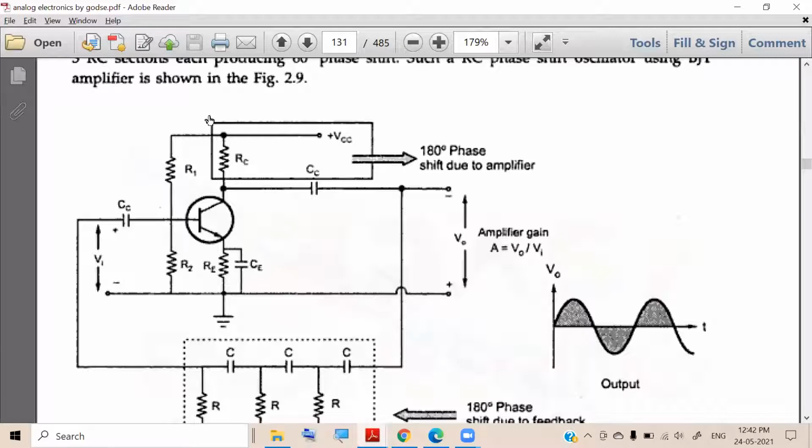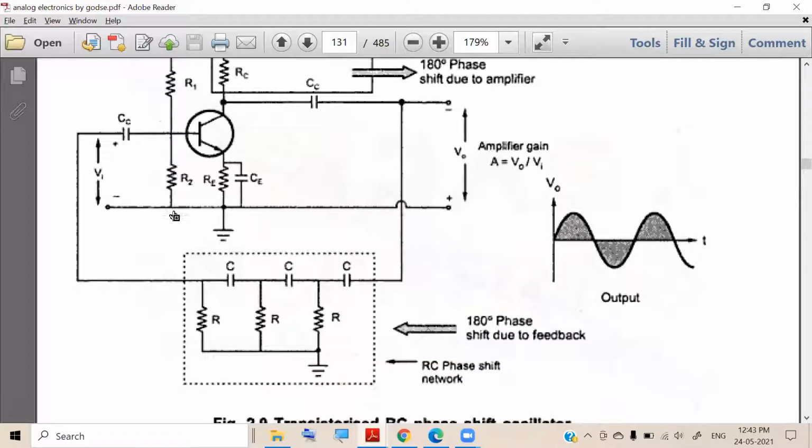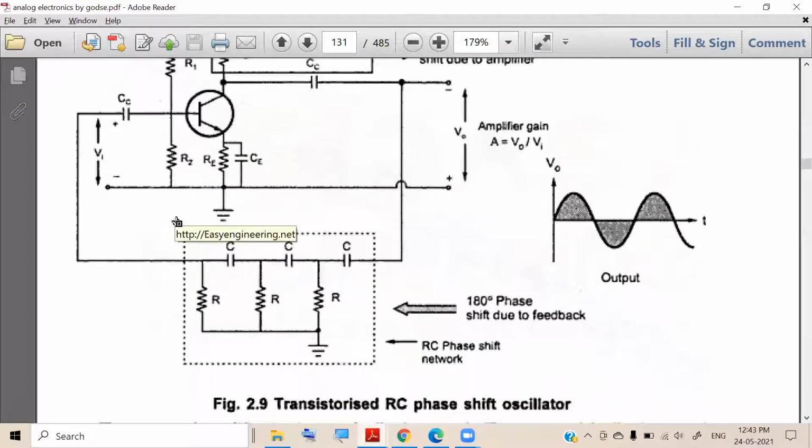Here the RC phase shift oscillator consists of three stages of RC network. One stage, RC network. Another stage, RC network. Another stage, RC network.